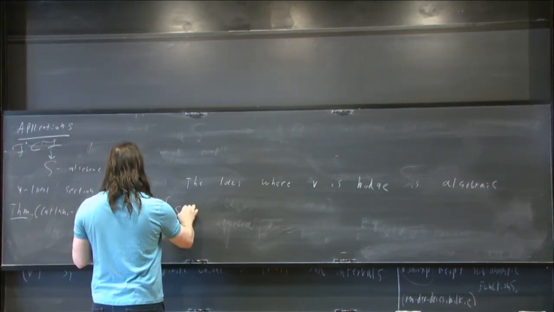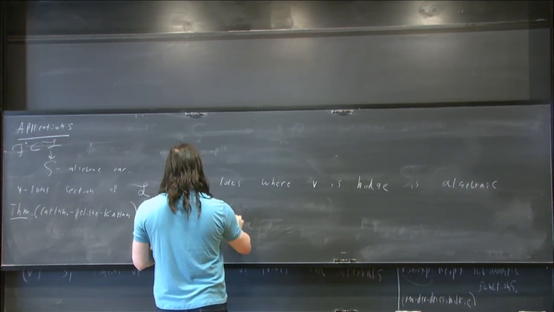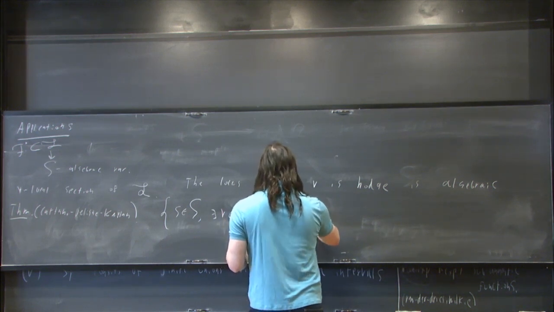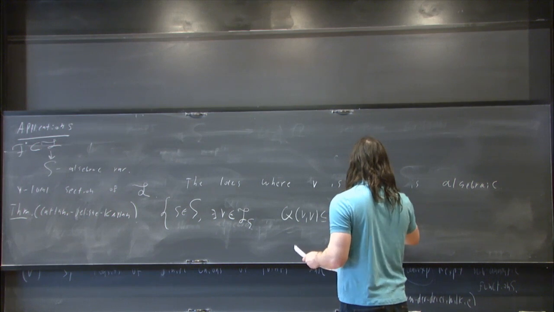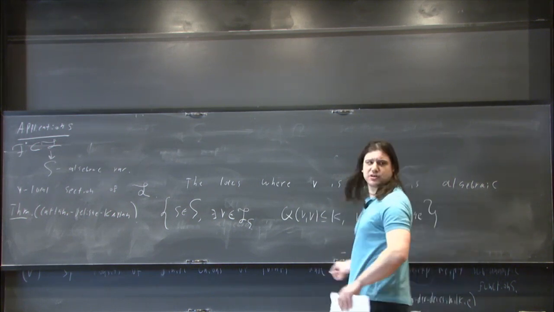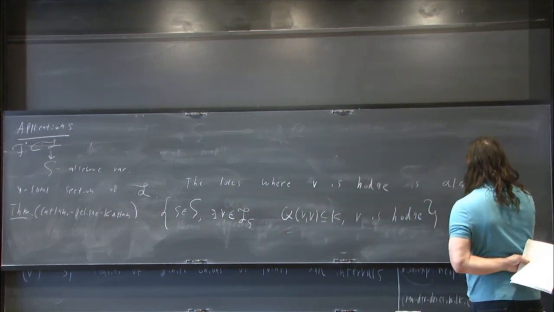If you look at the subset of points which have integer vectors with bounded Q norms and which are Hodge, this entire locus, which is some global thing, because now we're not taking monodromy into account, then this is algebraic.